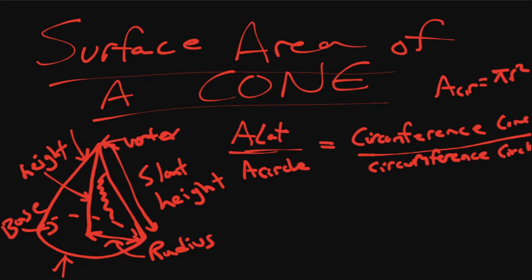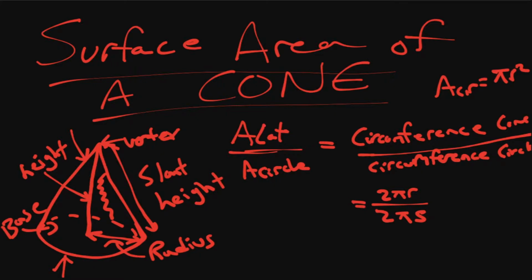We could basically just plug in that the circumference of a cone is 2 pi r, and the circumference of a circle is 2 pi, let's use s for slant height.